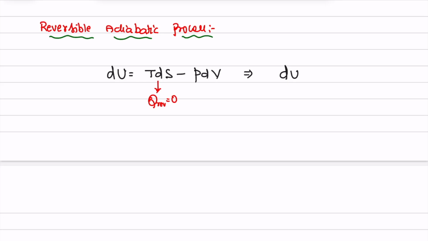Then du is equal to minus PdV. du is equal to minus PdV, that is equal to work done, because heat exchange is not there.